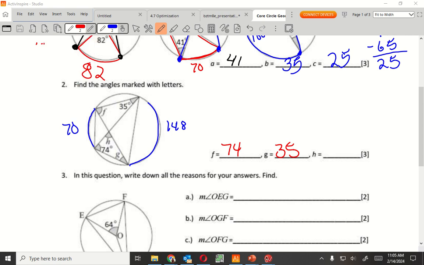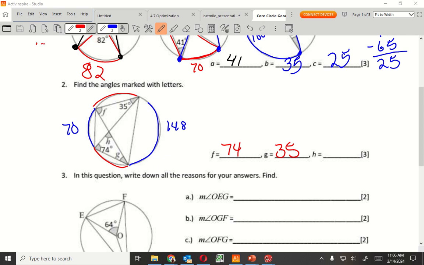Now, this one right here has to do with chords crossing in the interior of my circle. So for this one right here, for my formulas, I'm going to add those two arcs together and then divide by 2. That's from the formula.